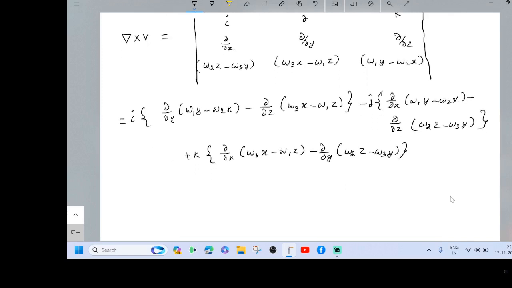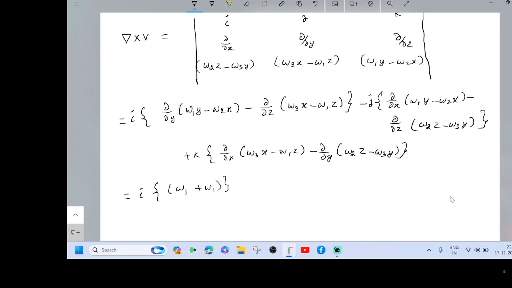Now simplify this, which is equal to i into del by del y of y is omega 1. Del by del y of this term is 0. Minus del by del z of this term is 0. Minus del by del z of minus omega 1 z is plus omega 1. So the i term is over. See here, del by del x of omega 1 into y is 0.